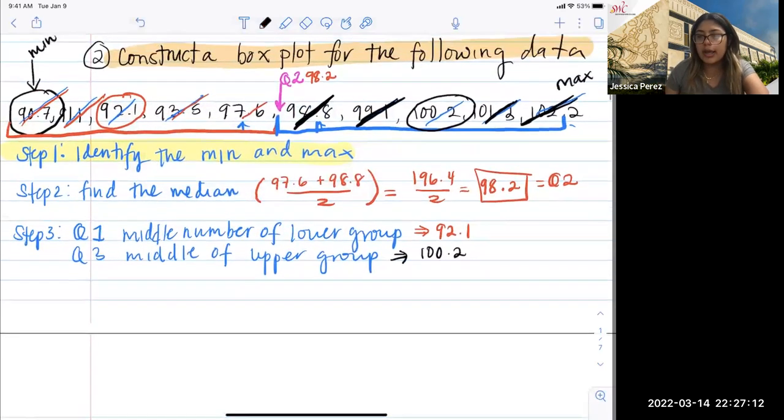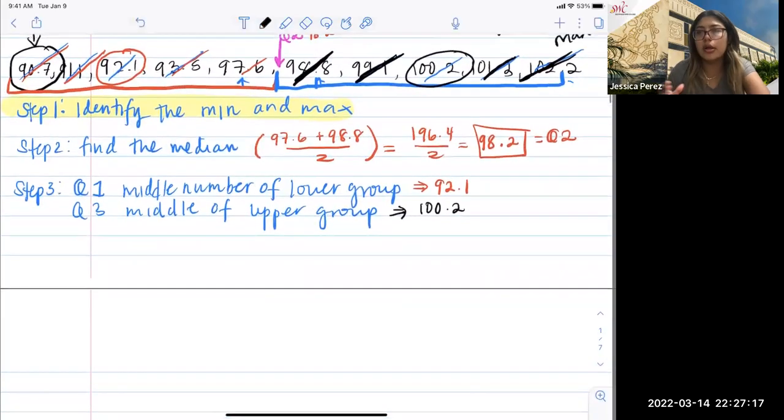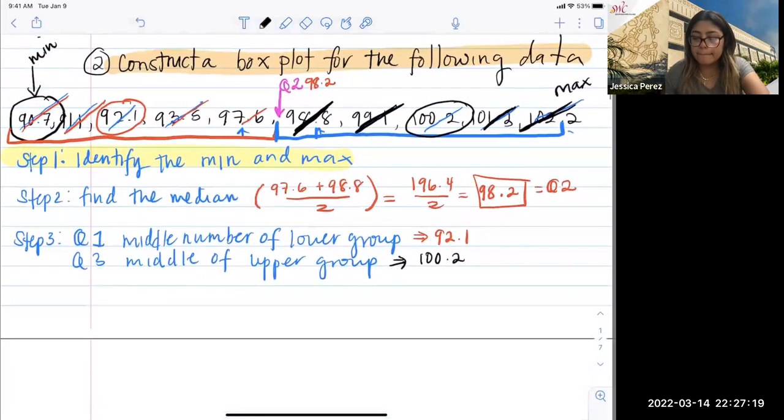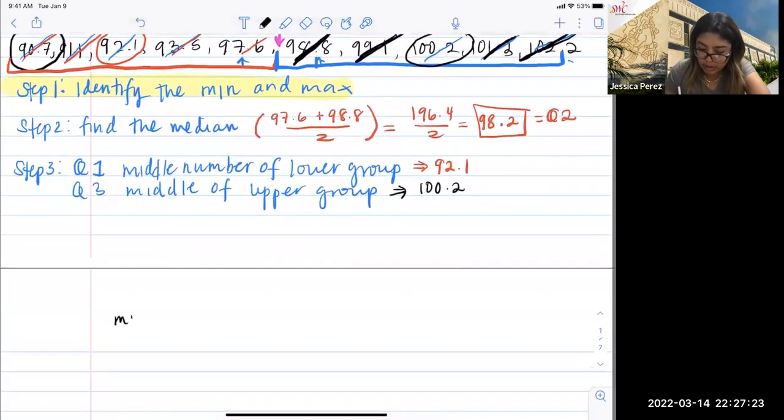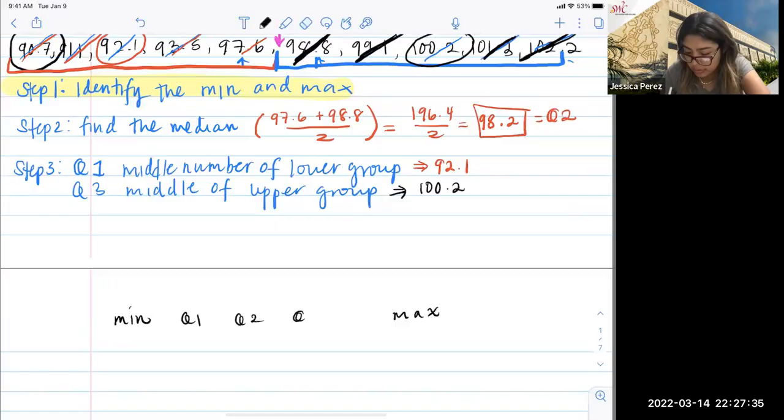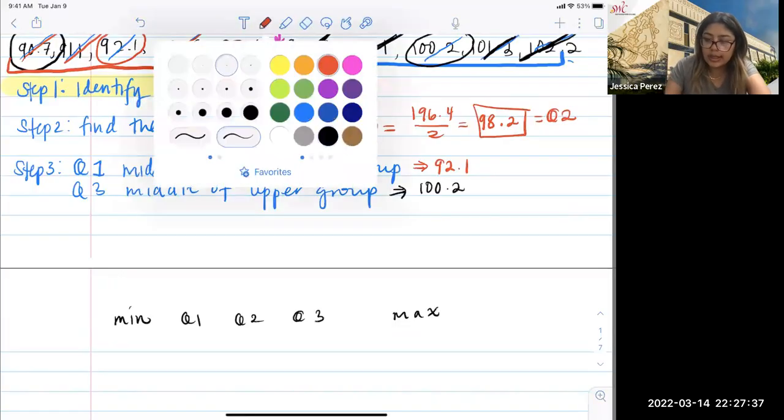So now that I have the min, when you do a box plot, it's also called a whisker plot. So you always put your min, your max, and then you have your Q1, your Q2, and then your Q3, and you put it above.